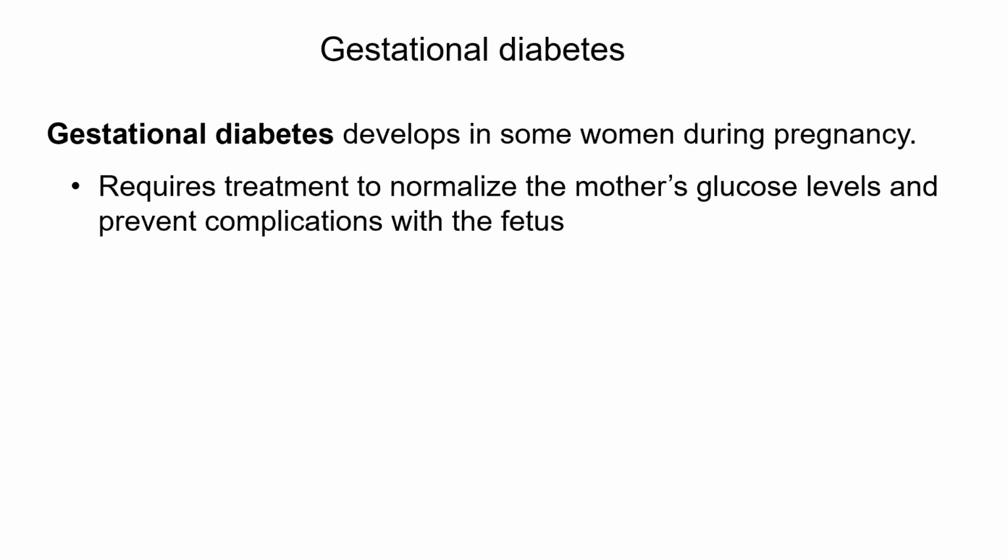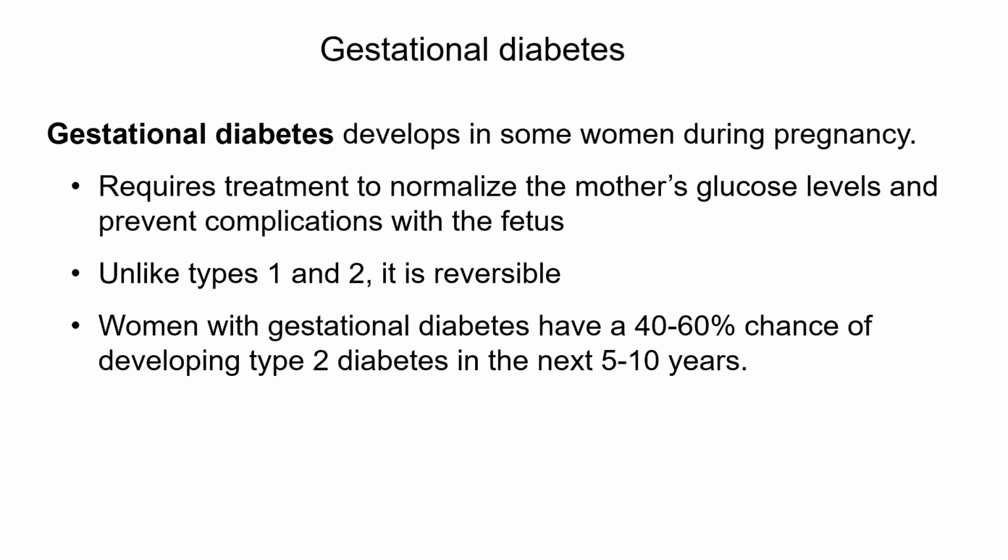So gestational diabetes may or may not require treatment. What does need to happen is she needs to monitor her blood glucose levels, and she might be able to control her blood glucose levels just with a combination of diet and exercise, or carbohydrate metabolism modifying drugs might be prescribed, or even insulin might be prescribed.